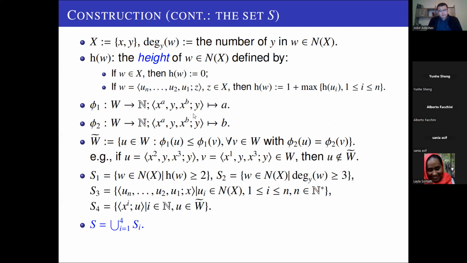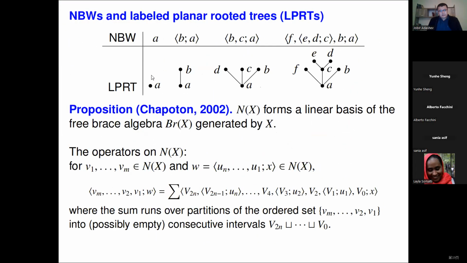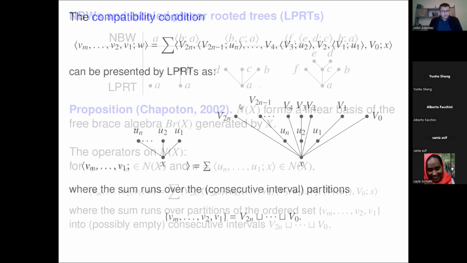If we look at the tree, a letter A has height 0. The bracket BA has height 1. For the third word, the height is also 1. For the last, the height is 2. So this is the idea.